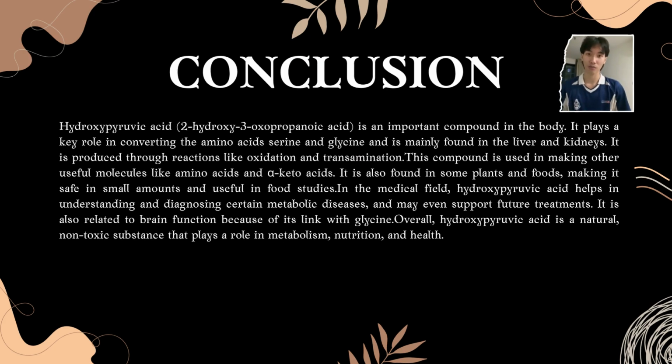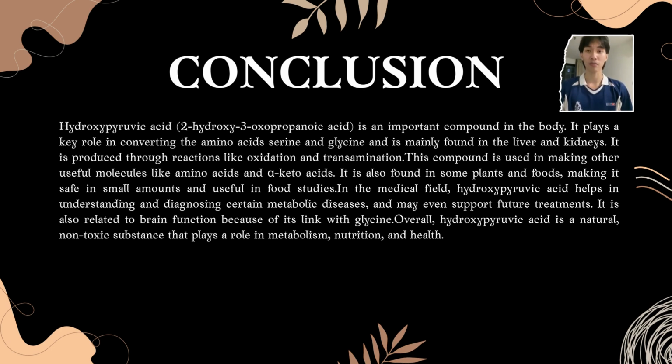Alright, to conclude my presentation, I would like to highlight the significance of hydroxypyruvic acid. This compound, also known as 2-hydroxy-3-oxopropanoic acid, plays an important role in amino acid metabolism, especially in the conversion of serine and glycine. It is naturally produced in our body, mainly in the liver and kidney, and it can also be found in certain plants and food sources, making it non-toxic in small amounts.